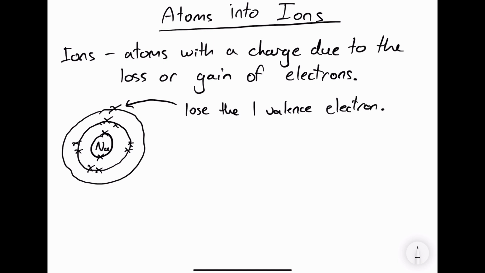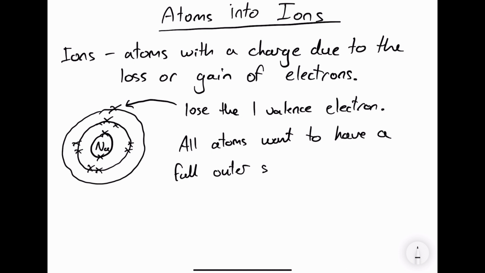So all atoms want to have a full outer shell. And this is because with a full outer shell, they are more stable.